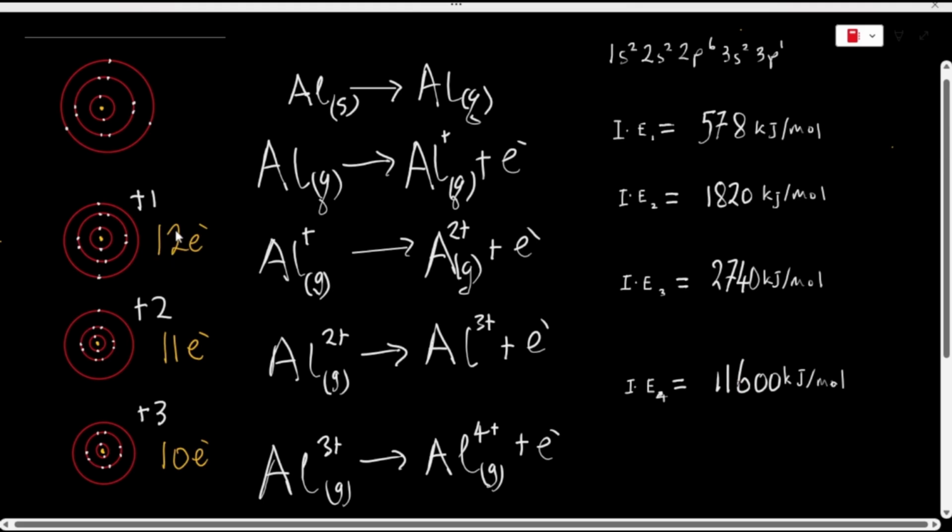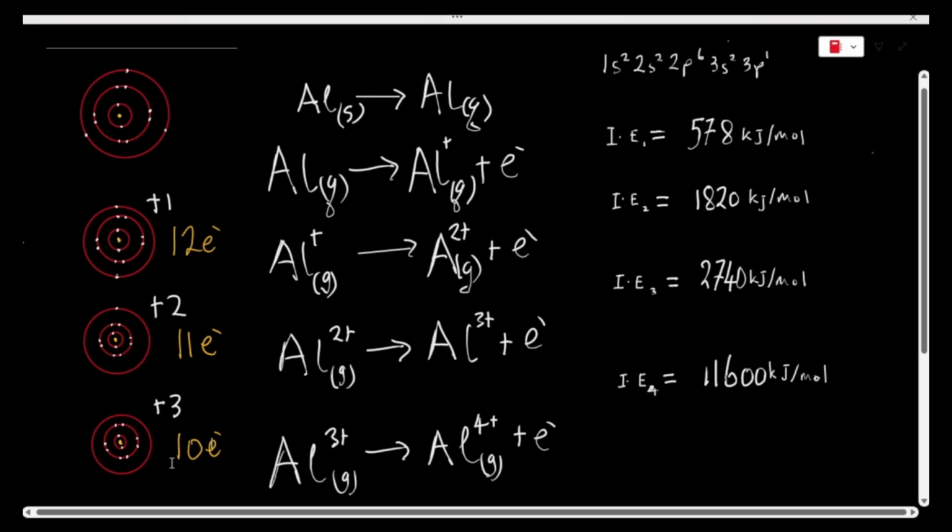Generally, cations have smaller sizes compared to their neutral atoms. But the more positively charged the ion becomes, the smaller the size of the ion. It means a greater influence from the nucleus on the remaining electrons, and it also means a greater energy will be required to remove the next electron.